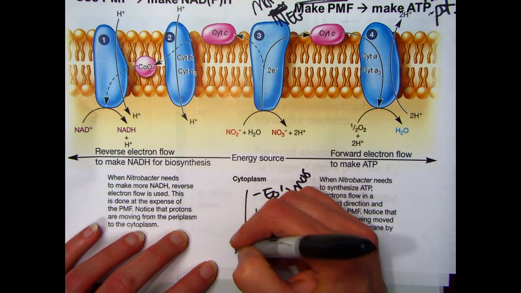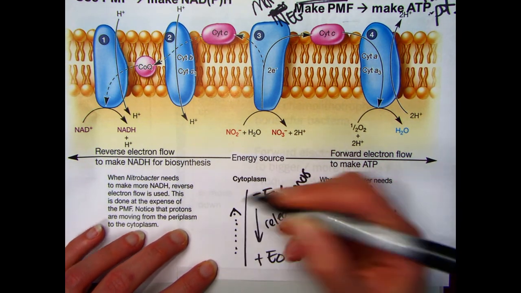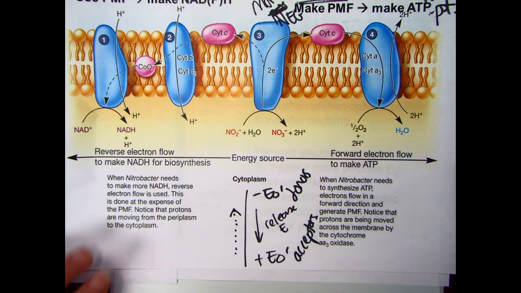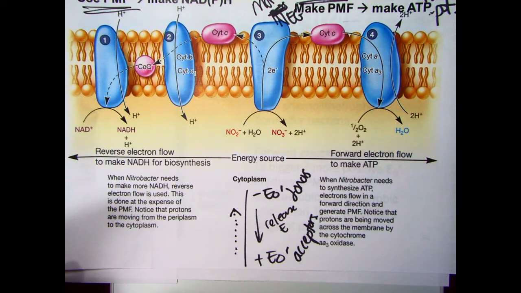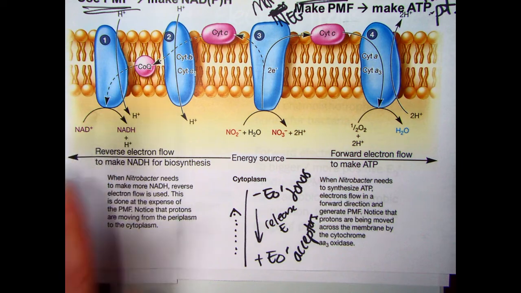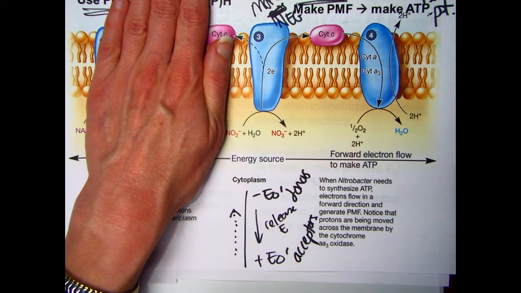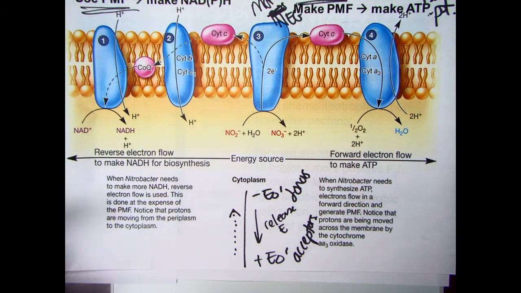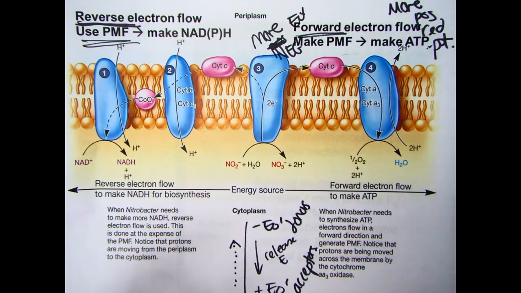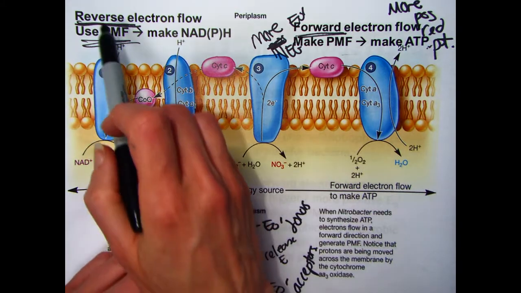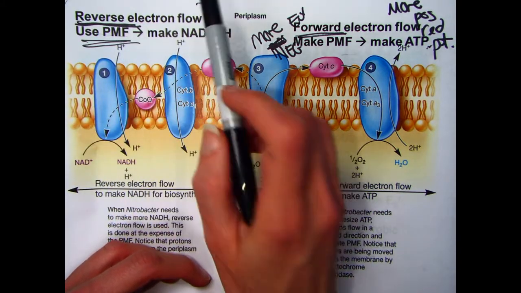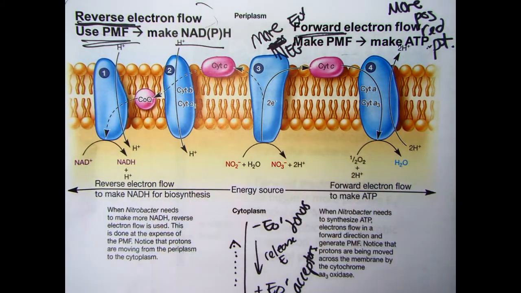To do reverse electron transport, the electron has to move back up, which uses energy to make it happen. Chemolithotrophs will run some forward electron transport to create a PMF, and then in addition to using that PMF potentially for making ATP or for swimming, they may alternatively use the PMF to power reverse electron flow in order to make NADPH.